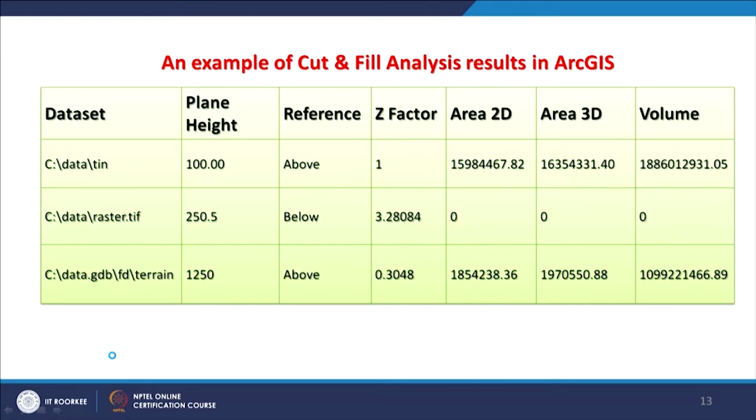And whatever options are available, an exercise was done by me, an example of cut and fill analysis results in ArcGIS with the different Z factors: area in 2D, area in 3D, and what is the volume. So, when it is done with the TIN, this is the scenario. When it is done with the raster, this is the scenario, and again with the raster with a different Z factor and a reference below or above.